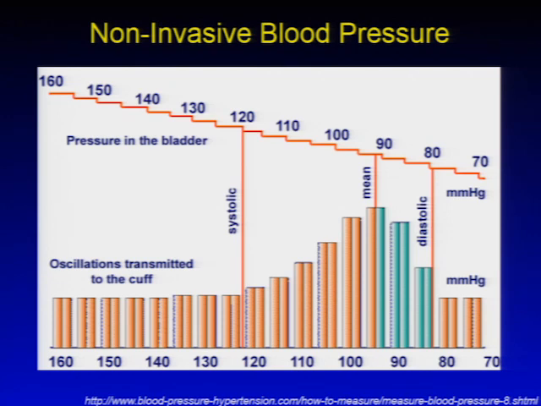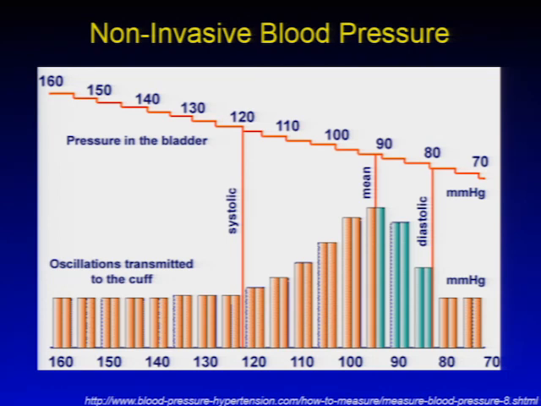Unlike invasive blood pressure monitoring, most of the time you use non-invasive blood pressure. This is the kind of system where you measure the systolic and diastolic pressure with non-invasive blood pressure monitoring. The oscillation first changes from the higher portion.